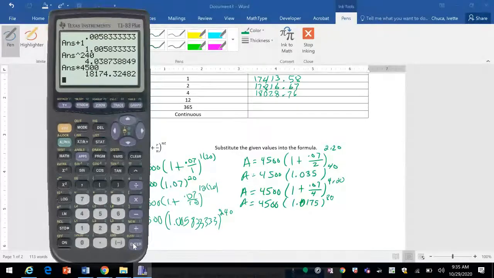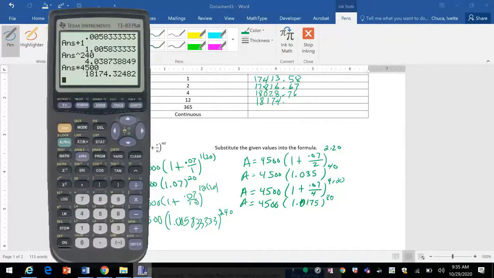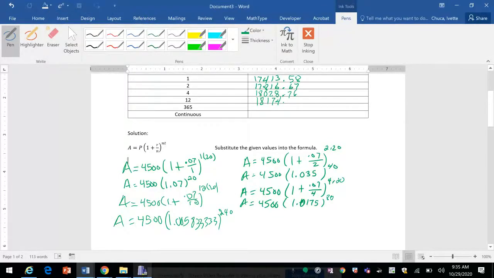So we get 18,174, and the decimals will be 32 cents. And if we do the same for the 365, then you should end up with 18,245 with 95 cents.